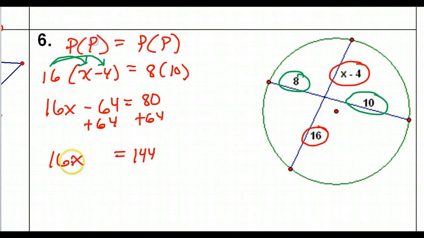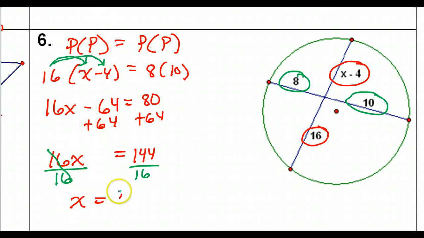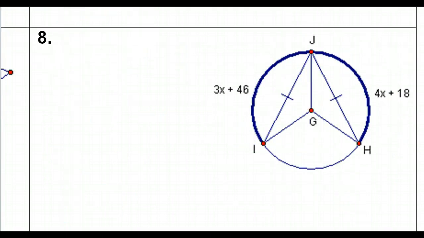Let's divide by 16 on both sides. So divide by 16, divide by 16. And that's going to give us x equals 9. Alright, that's number 6. Let's find number 7.